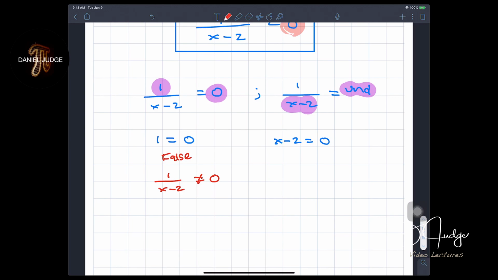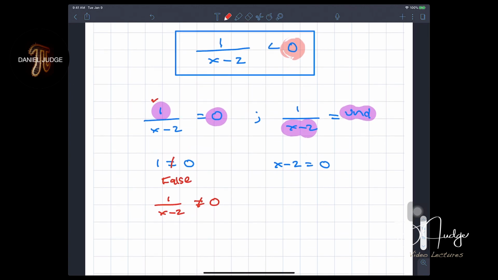X could be 0 even, and 0 minus 2 is -2. When you have a constant on top, and that constant's positive, it'll never be 0 here. So we have a constant equal to 0. This never happens. And so it could never be 0. So that's good information. This fraction's not ever going to be 0.